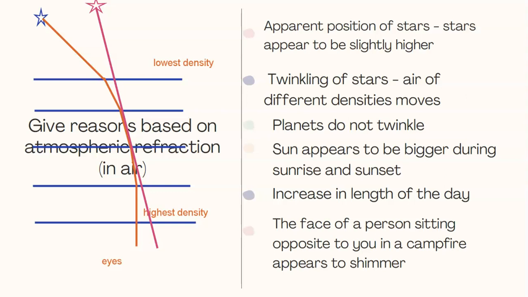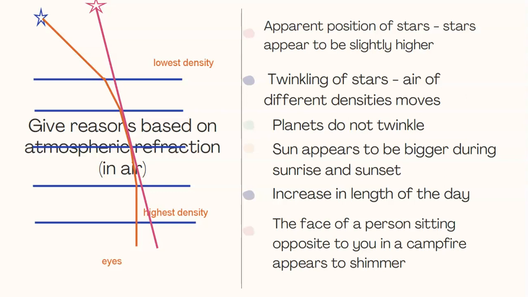But due to the limitation of our eye, we are not able to follow a curved path. When our eye retraces the path along our line of sight, which is always a straight line path, we observe that the star is somewhere higher in the horizon. That position of the star is known as its apparent position.